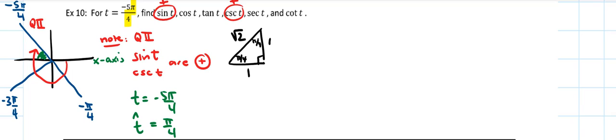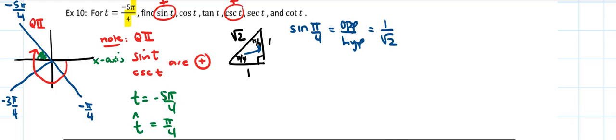So using our same story about relating the sides of the triangle to the trig functions and the angles, let's start off with sine of pi over 4. And remember sine, opposite over hypotenuse. In our case, both legs are opposite or adjacent to pi over 4, so it doesn't really matter where we go. The opposite would be 1, and the hypotenuse would be square root of 2.